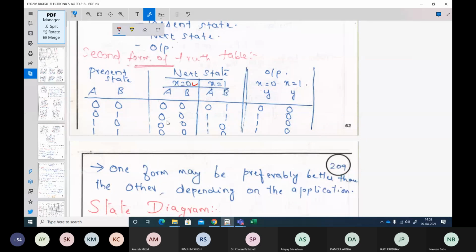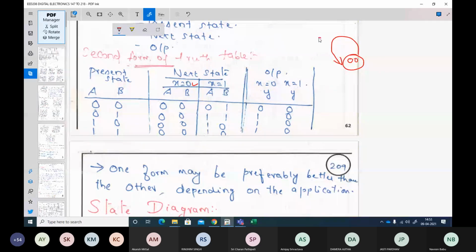I am moving to 0,0. I'll draw it here, that will be better. My present state is 0,0. When my input is x equal to 0, I am still in the same state, so I will draw a directed line like this with my input 0. At the same time, what is my output? My output when x equal to 0 is 0, so I will put a slash and write 0 here.